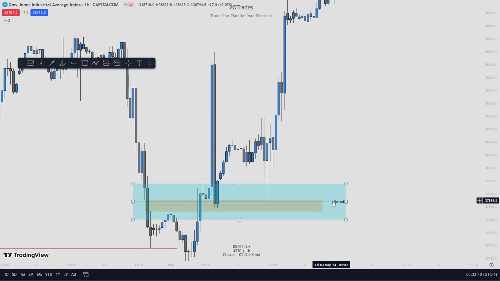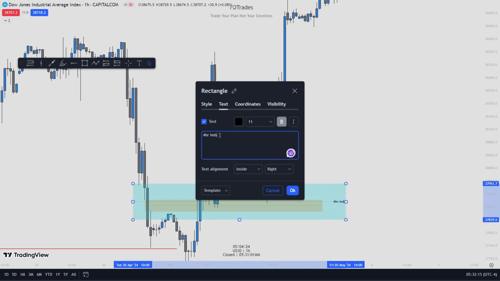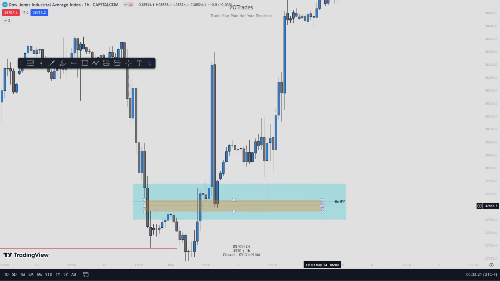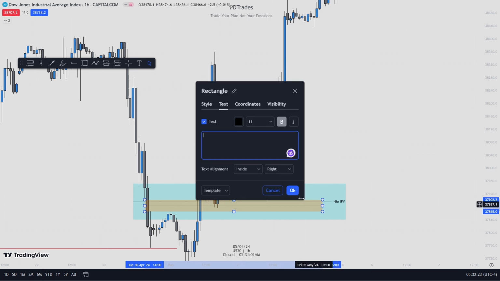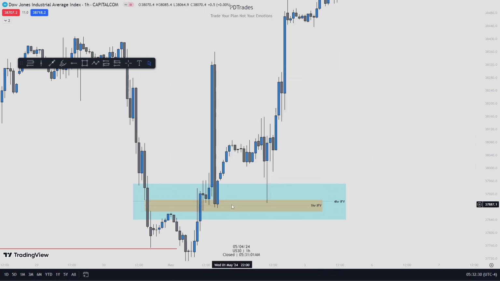This 4-hour imbalance is an inversion fair value gap, sorry. Then this one is the 1 hour inversion fair value gap. So if you think the 4 hour is too big, at the midpoint there's an hourly inversion fair value gap.